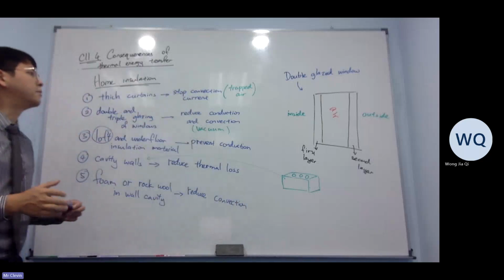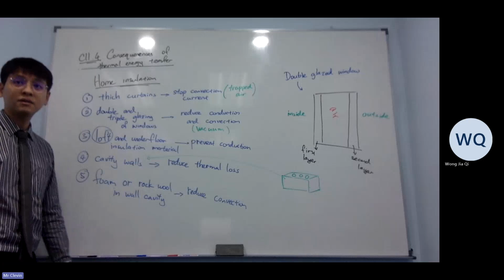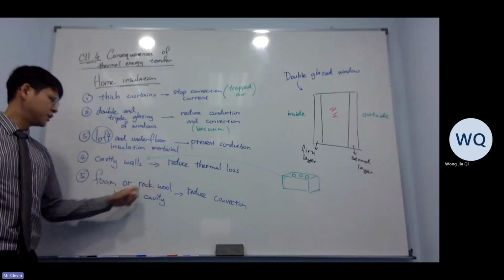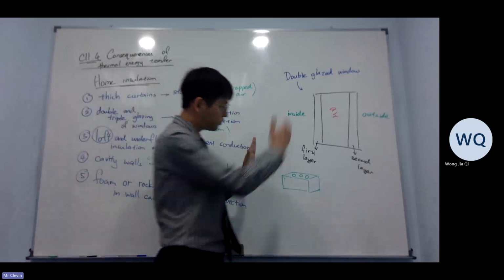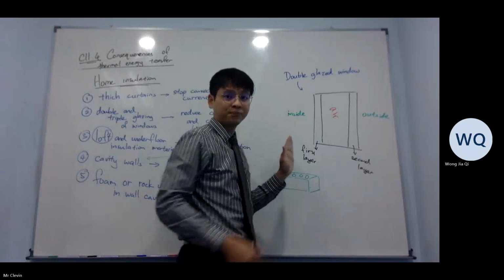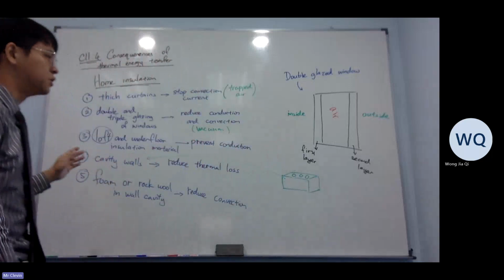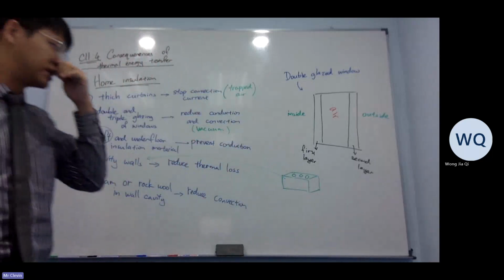So these are the 5 components that they use in the house. Foam or rock wool in the wall cavity means that between the walls, they put foam. So these are the few things that they use for houses in four-season countries, especially.